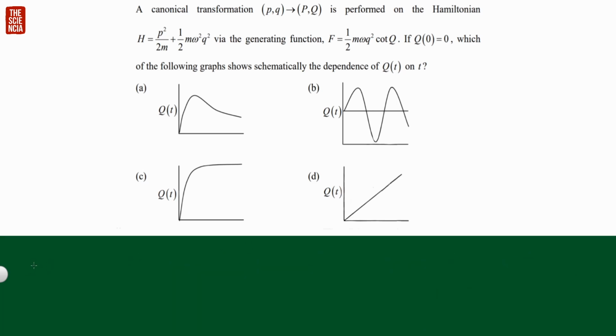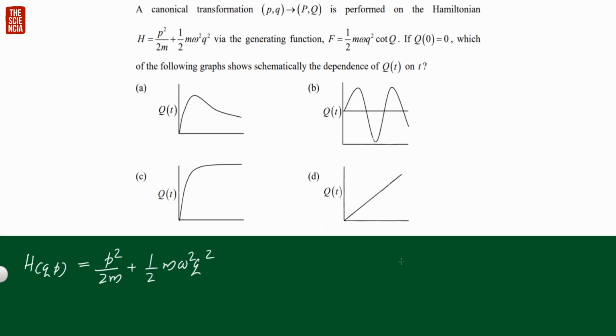So in the question, they gave the old Hamiltonian, that is H of q, p, equal to p square by 2m plus 1 by 2 m omega square q square.